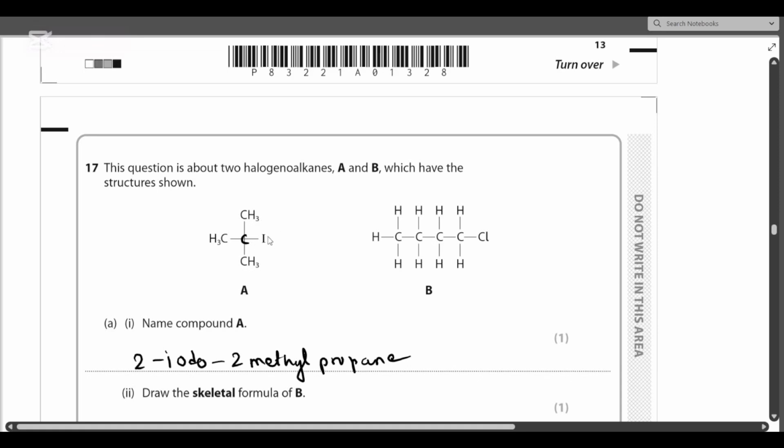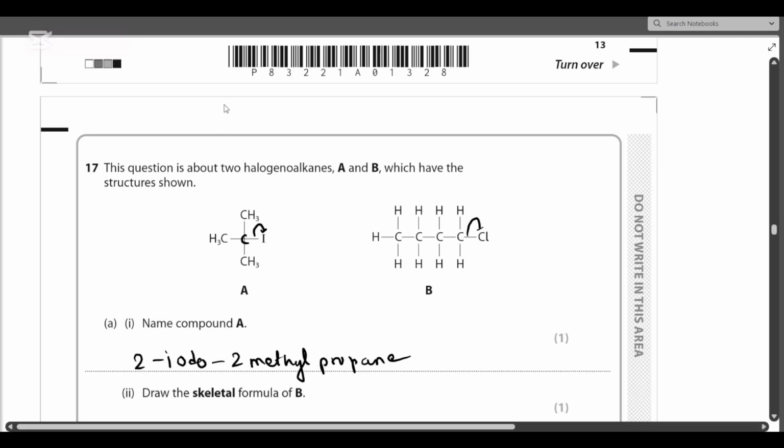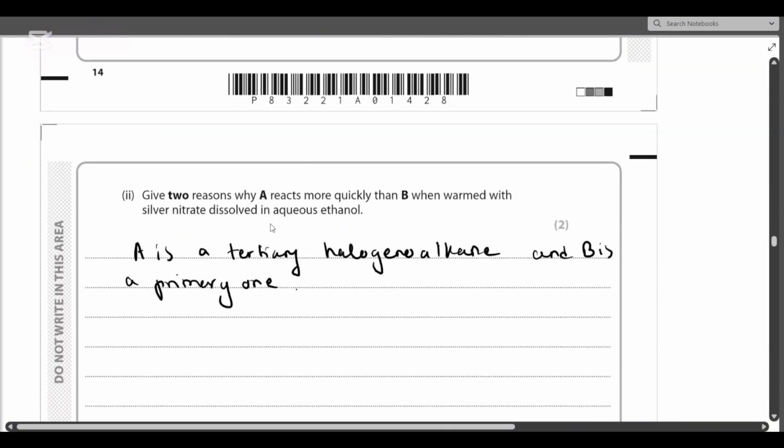If it's weaker, then the iodine can basically take the electrons during nucleophilic substitution. When the nucleophile attacks, it can take the electrons from its bond more quickly than chlorine. I mean, both are going to happen, but this is going to be faster compared to chlorine when it breaks down. So obviously, the reaction is going to be faster for A compared to B.